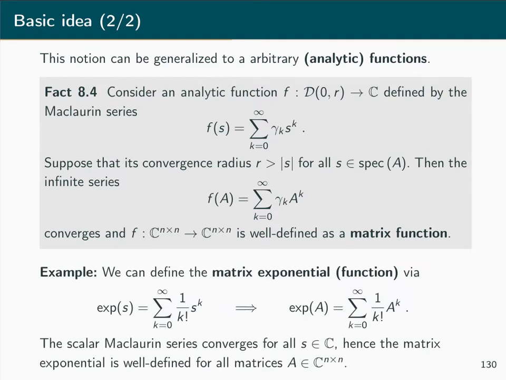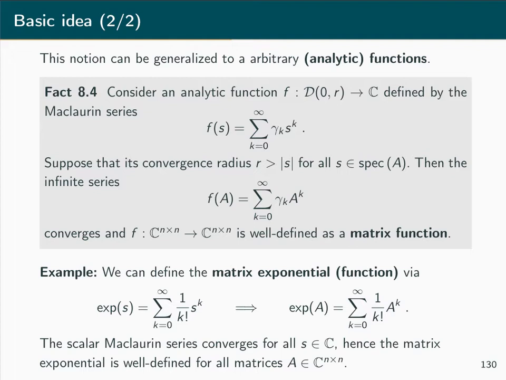For an illustrating example, let's consider the exponential function. As is well known, in the scalar case, the exponential function of a complex variable s is defined by this Maclaurin series, which every one of us has seen before.